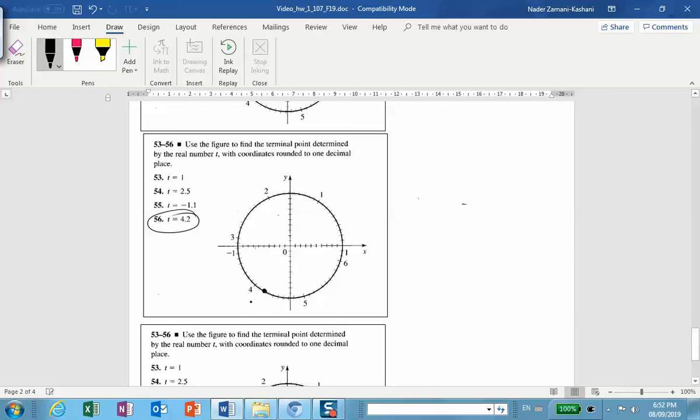You eyeball the coordinates to within 1 decimal point, and you're going to get x equal to almost negative 0.4, and y equal to negative 0.8, something like that. All right, that takes care of it.